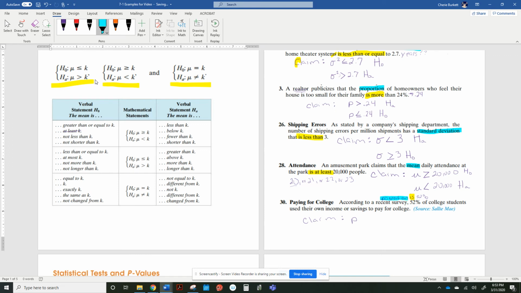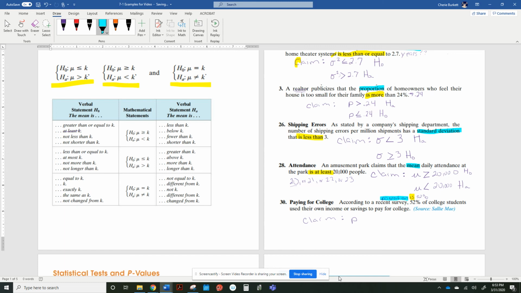So those 2 words that are implied are the 2 very important words. So this one would be a hard statement to translate. According to a recent survey, the proportion is 52% of college students use their own income or savings to pay for college.